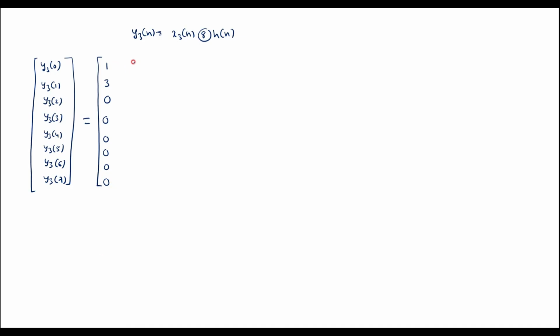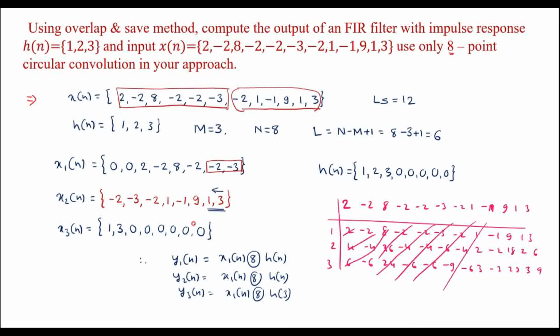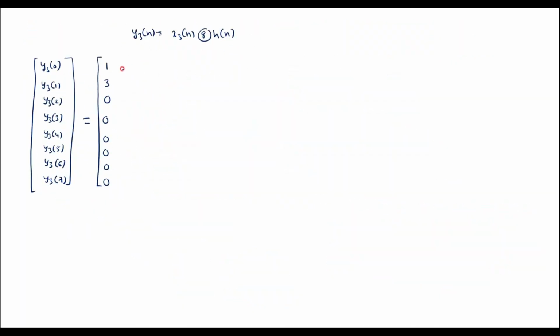Now write horizontally, write the same sequence in reverse order, that is like this: 0, 0, 0, 0, 0, 0. Last value is 3. That is, we are supposed to add 6 zeros and 3. Write this one here. This is 0, 0, 0, 0, 0, 0. This 3 will be written here.